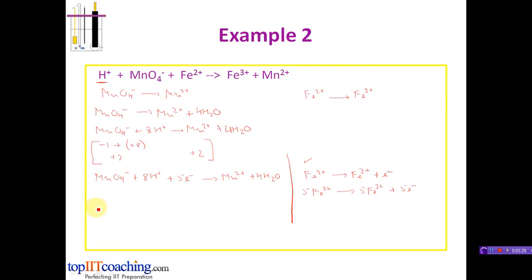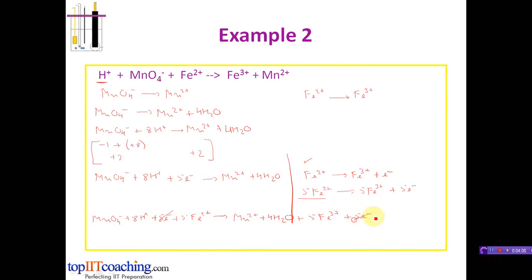On adding the half reactions, first of all let's write the left hand side, which is MnO4 minus plus 8H plus plus 5 electrons plus 5 Fe2 plus. Now let's write the right hand side of both the reactions. It is Mn2 plus plus 4H2O plus 5 Fe3 plus plus 5 electrons.